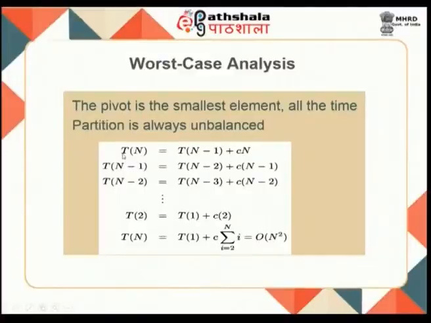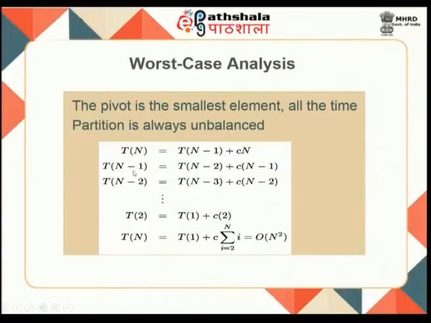In that case your equation becomes something like T of n is equal to T of n minus 1. So, almost all the elements are on one side and on the right hand side you have that unbalanced scenario. If this is the case, this is how your recursive equation looks like.